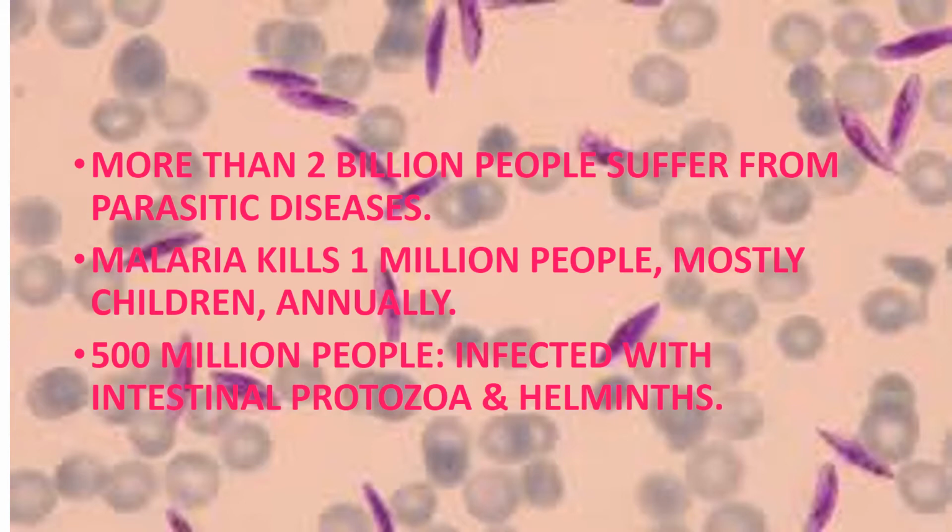The Centers for Disease Control and Prevention has targeted 5 parasitic diseases as priorities for public health action because of the number of people infected and the severity of the illnesses, and because they are preventable and treatable.